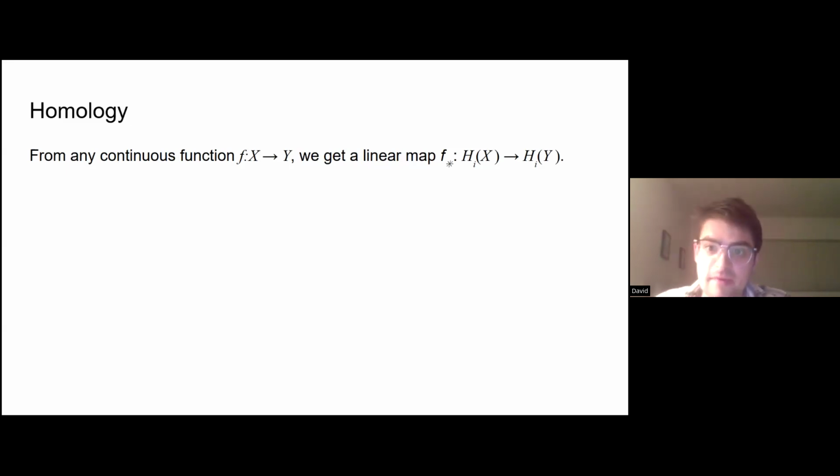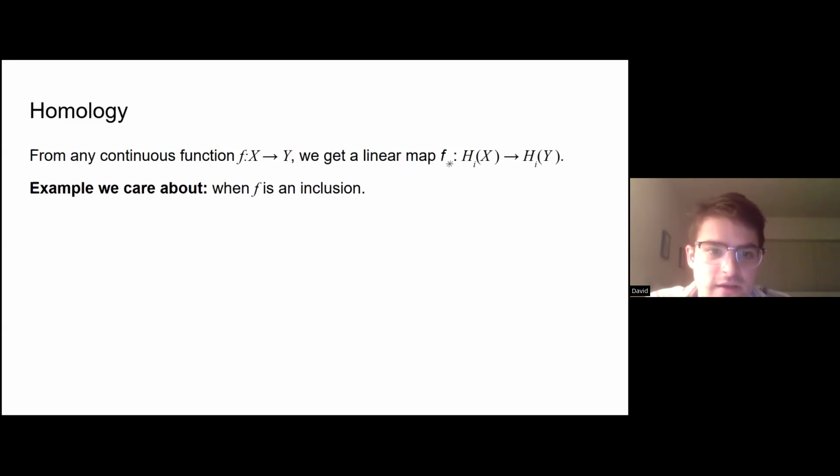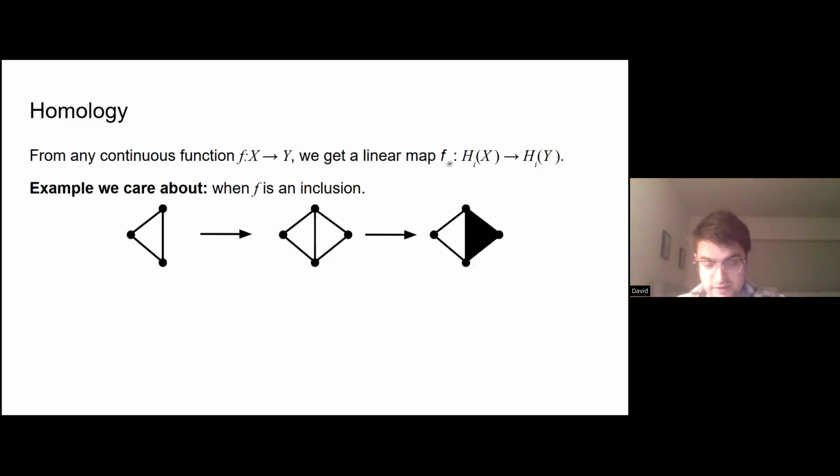Okay, so a linear map between the vector spaces given by ith homology. What we'll care about is when f is an inclusion. We'll be particularly interested in sequences of shapes like this. Here on the left, I have a shape with a one-dimensional hole.